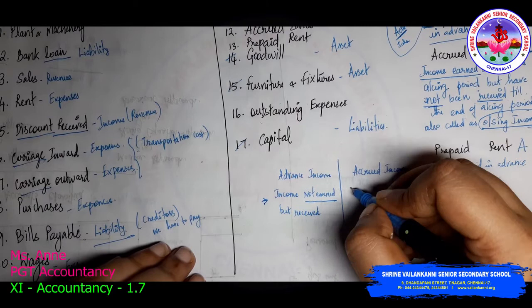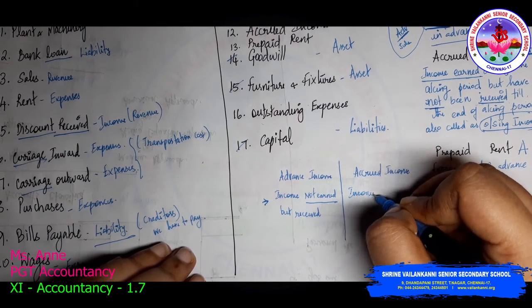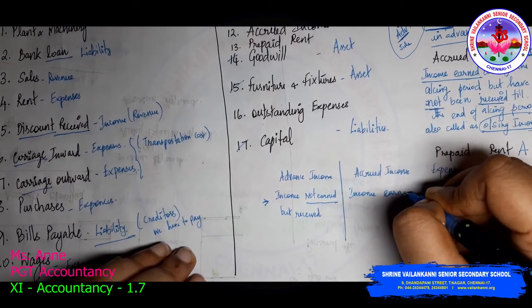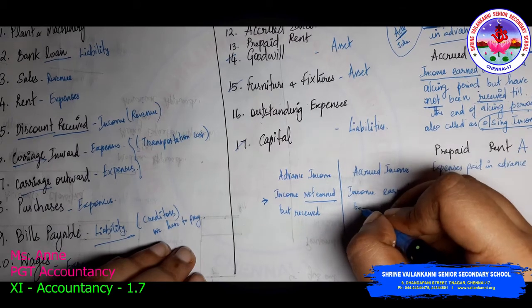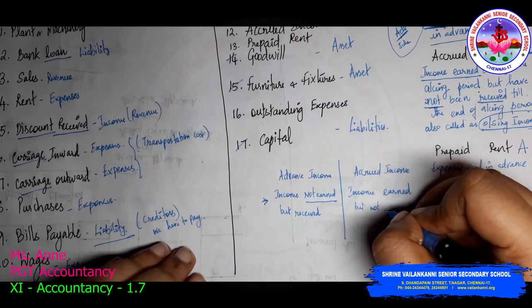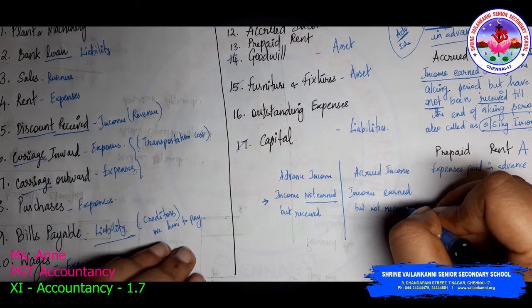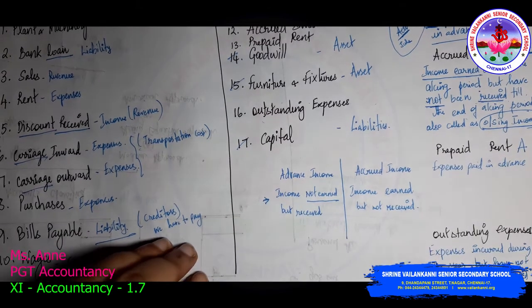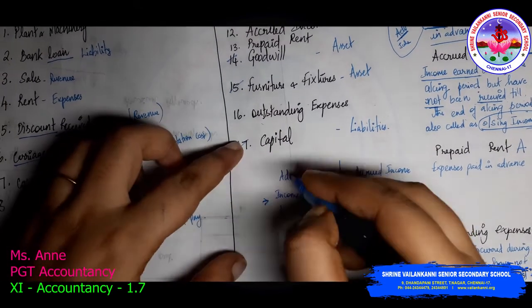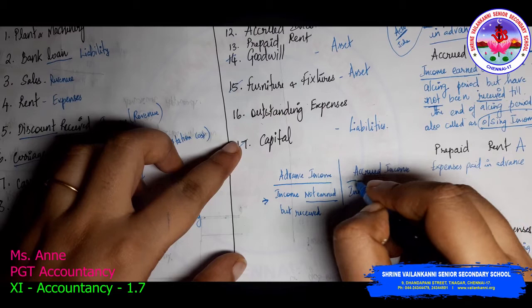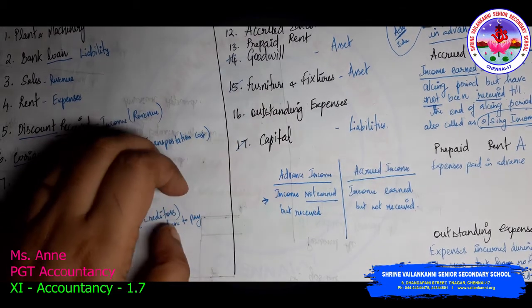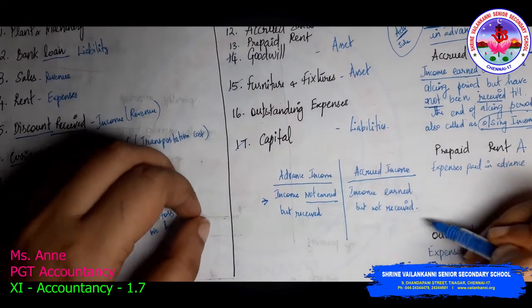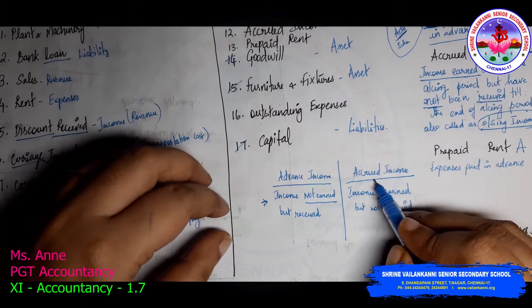Accrued income is income earned but not received. This is what you need to understand with these terms. So income earned but not received is called accrued income.